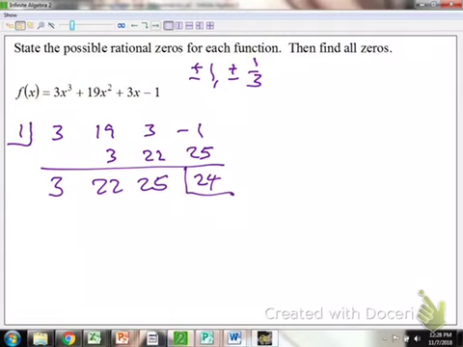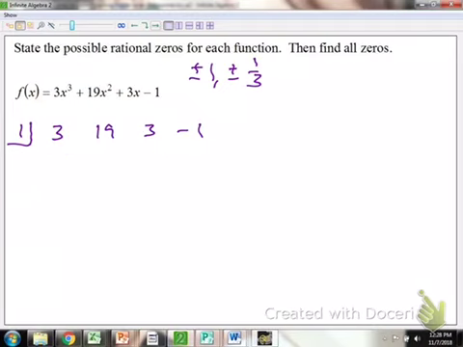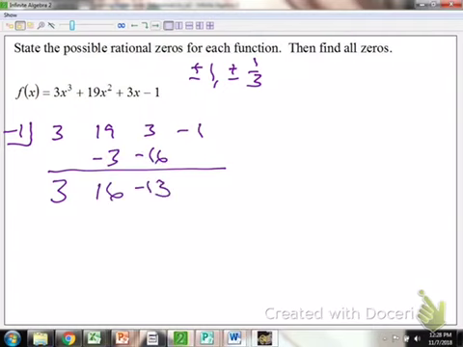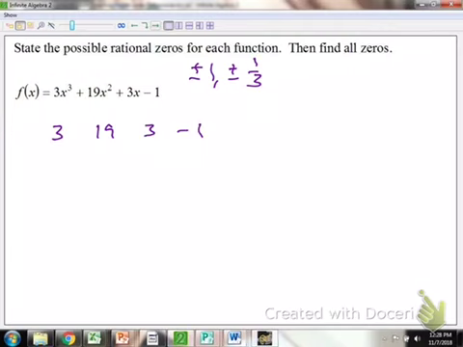What we're looking for are these zeros. Now, if I were graphing this, 1, 24 is a point on the function, but we're not graphing it at this point. Let's try negative 1. All right, so 3, that's negative 3, that's 16, that's negative 16, and again, I'm striking out. All right, that's going to force me to go into the fractions, which is not bad because that leading number is 3.